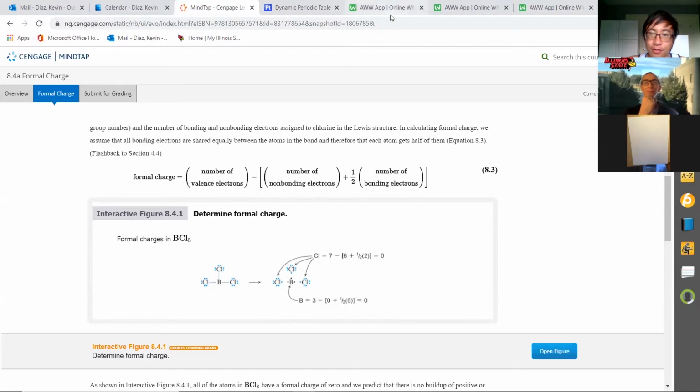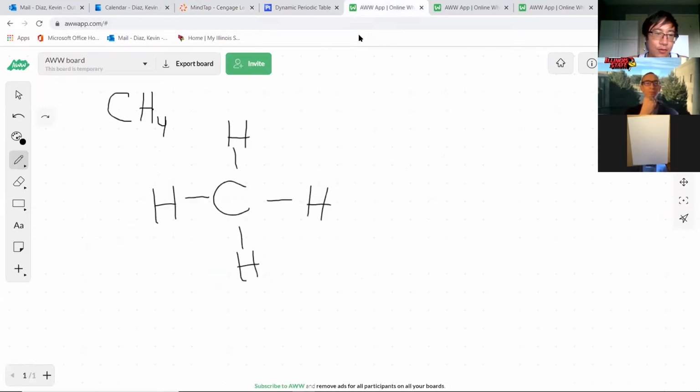And so I have this example over here, CH4, methane. I already drew out the Lewis structure. You can count the electrons if you'd like, but 4 electrons from 1 carbon, 4 electrons from 4 hydrogens, 8 electrons in total: 2, 4, 6, 8 electrons.